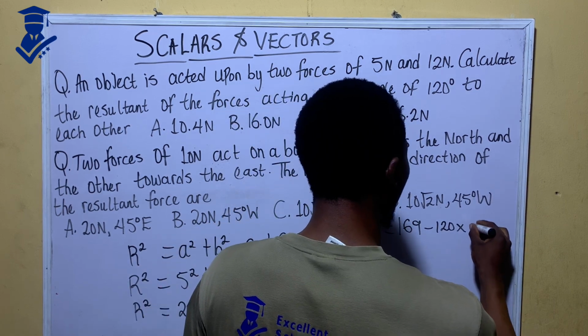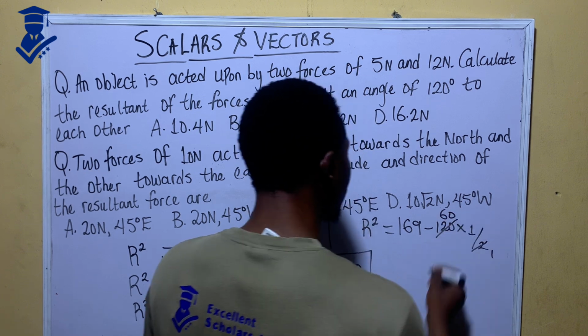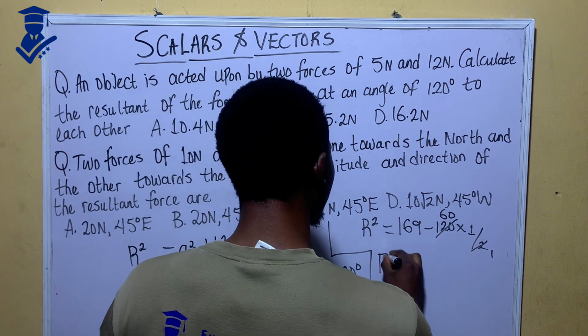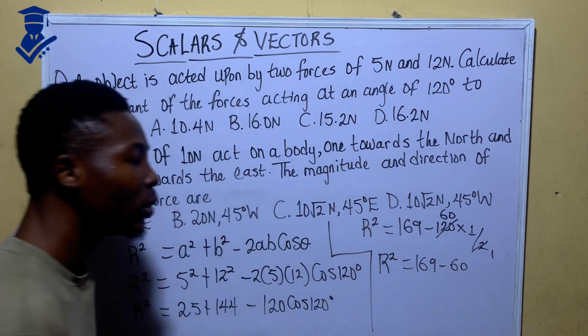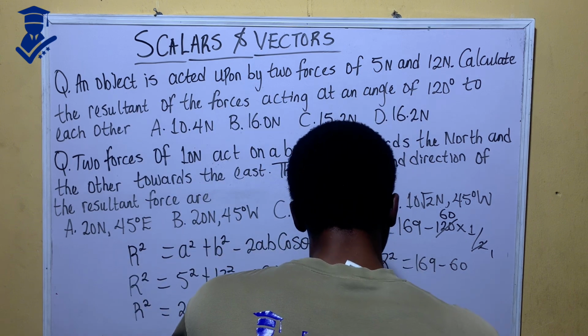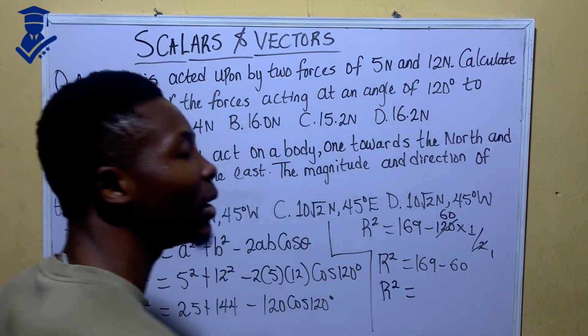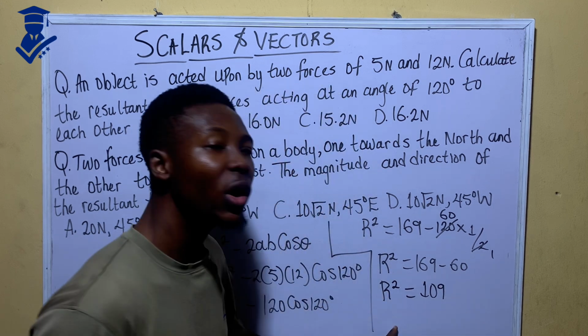But let's use 1 over 2, half. So 2 goes here 1, 2 here 60. So we have R squared is equal to 169 minus 60, which gives us 109.